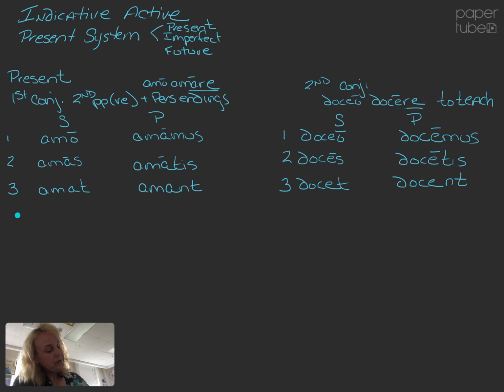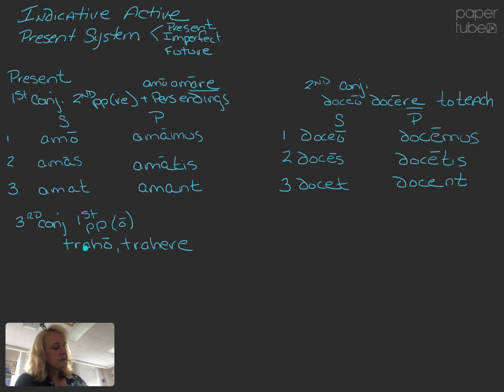Now we hit third conjugation. Third conjugation has a mind of its own. We use the first principal part for all of these forms, and we're going to remove the O from that first principal part. So an example of a third conjugation verb is traho, trahere.